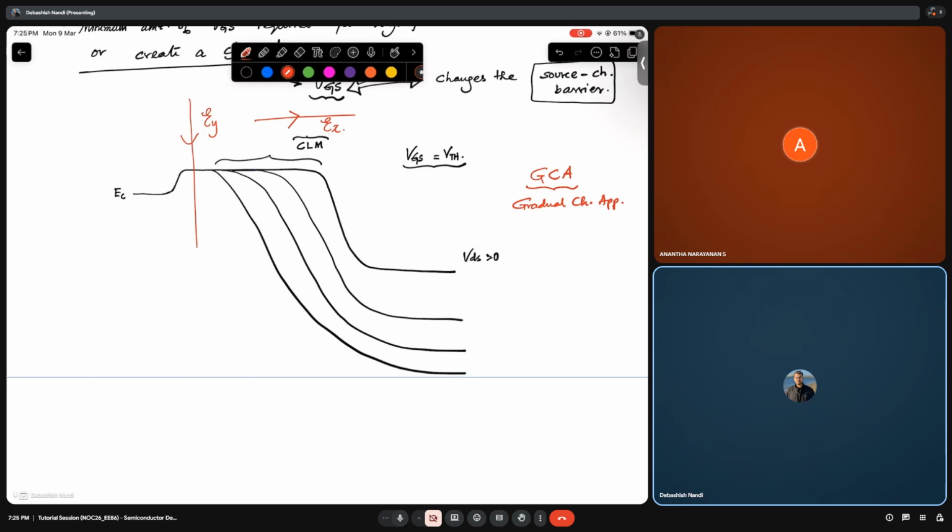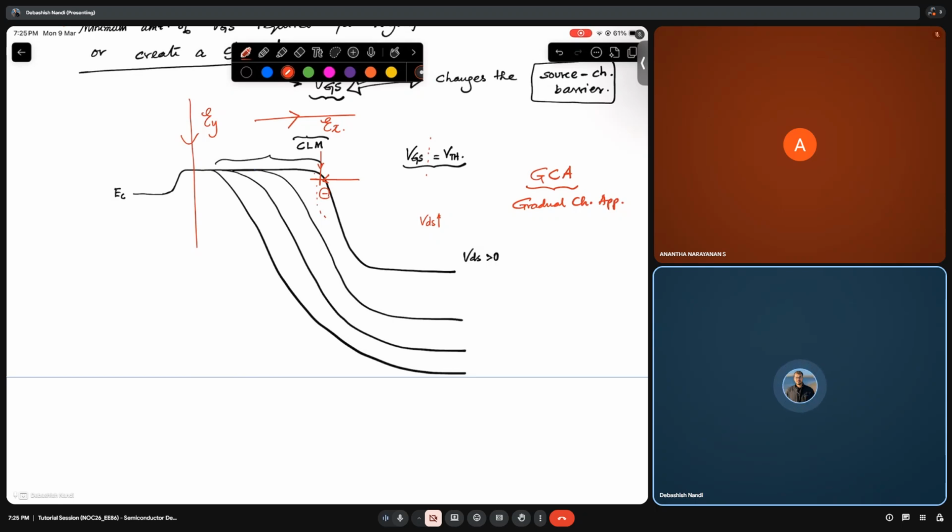Right? But as soon as this VDS increases, the electric field starts to rise. So there are 2D fields. This horizontal field is what you are talking about, the depletion region due to the reverse biased PN junction.